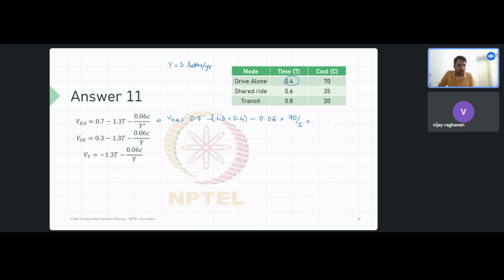This is coming out to be minus 0.66. Let's try the second one.